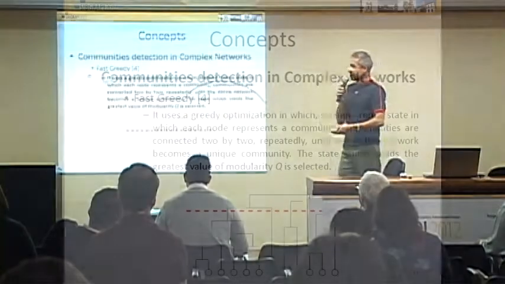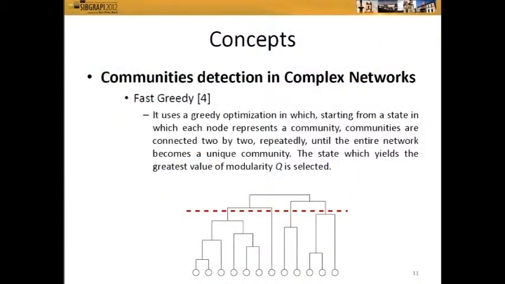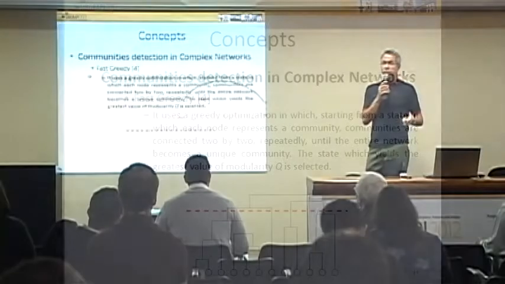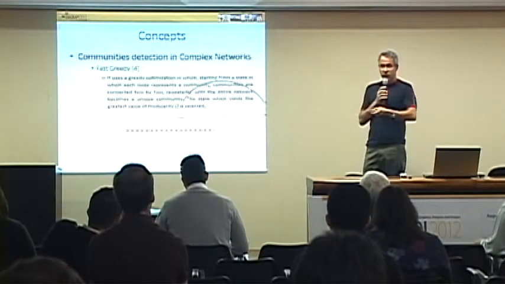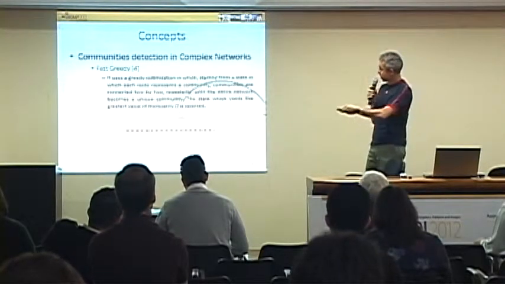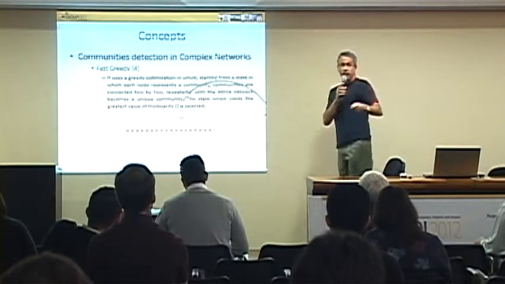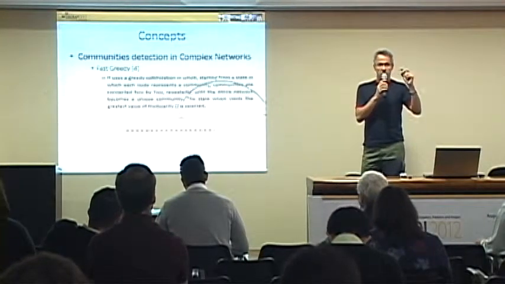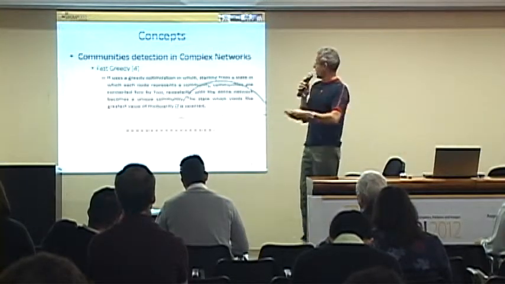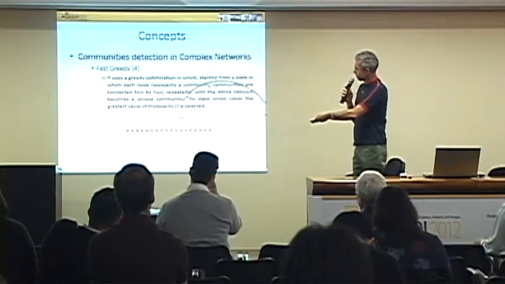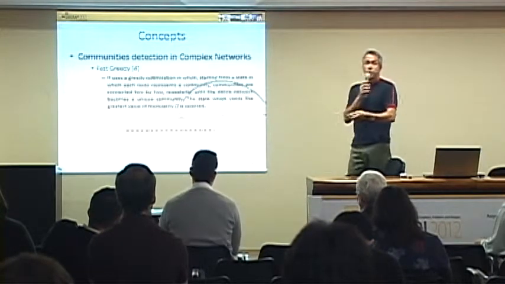Fine. For instance, one of the major algorithms available for community detection that we found would be suitable for image processing or image segmentation is the fast greedy algorithm. It's quite simple. It's a greedy strategy which starts by labeling each pixel, each node in the graph, as a unique community. Okay?